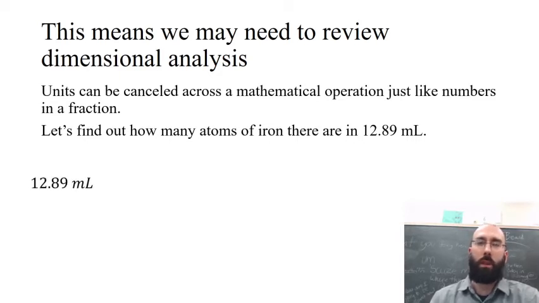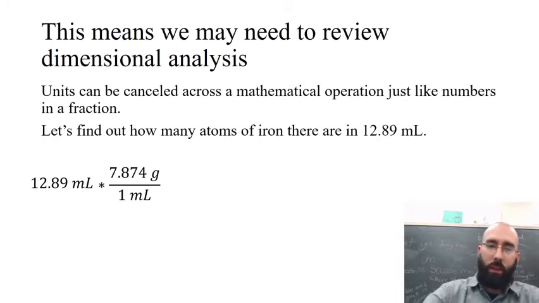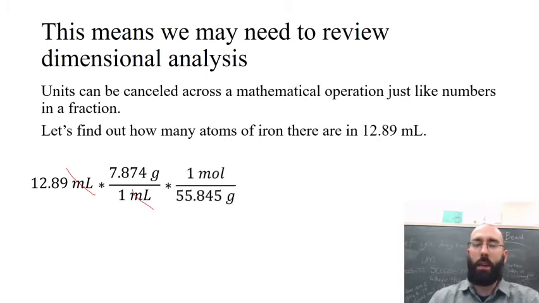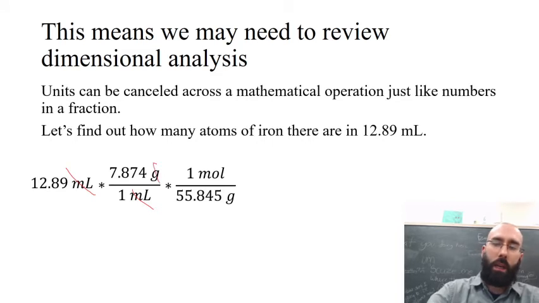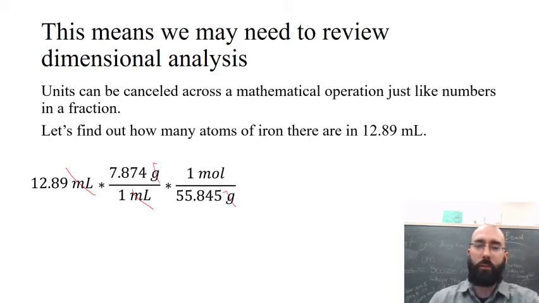The problem gives us 12.89 milliliters. We are then going to use the density to cancel out our milliliters, which happens to be 7.8749. That leaves us with grams when we cancel out those milliliters. Then we need grams in the next step, which means we're going to use the atomic mass, which for iron happens to be 55.845 grams. You can cancel out grams there.